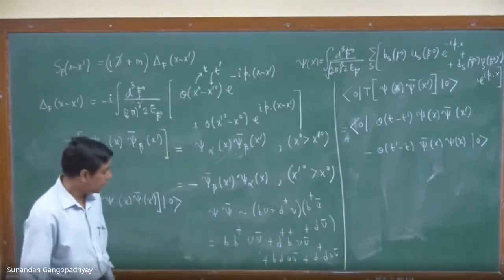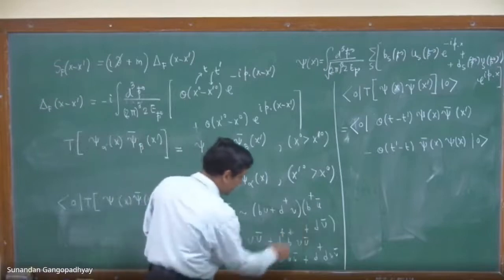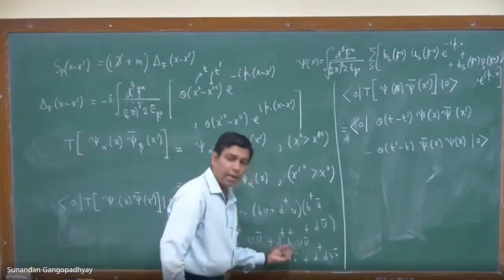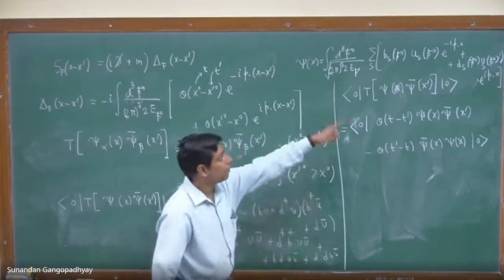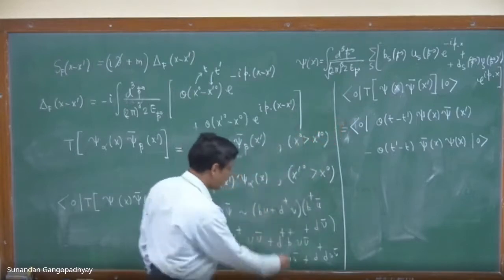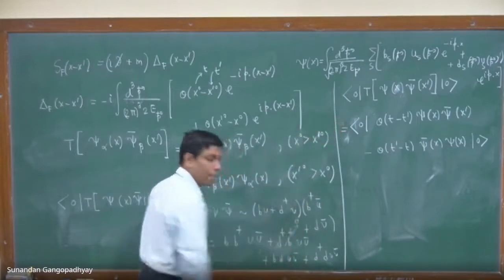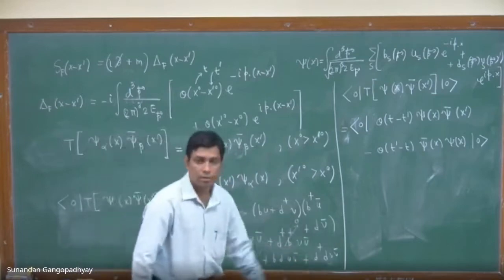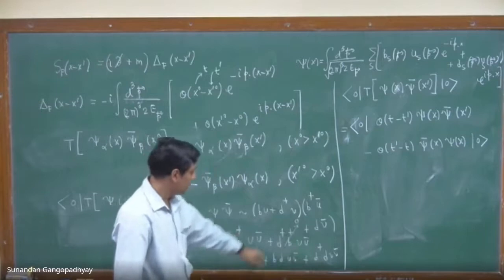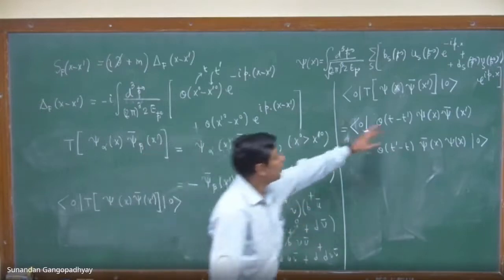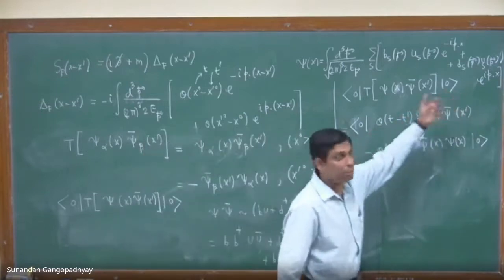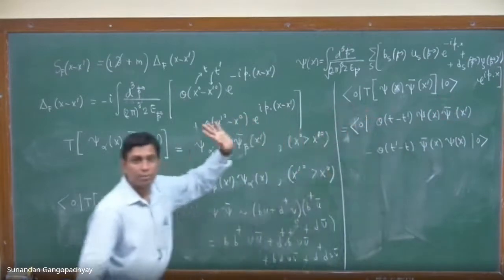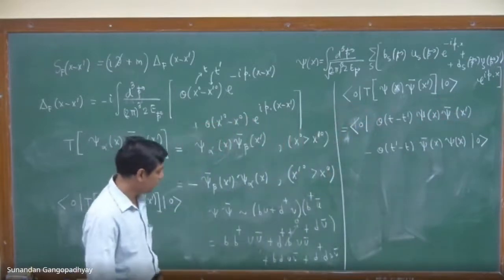Now you can immediately see that for the term with d dagger and b dagger, you have kept vacuum on both sides, so this term is 0. Because b dagger will create an electron, d dagger will create a positron. So on the right hand side we have one electron, one positron, while on the left hand side we have no particles, so it will be 0.